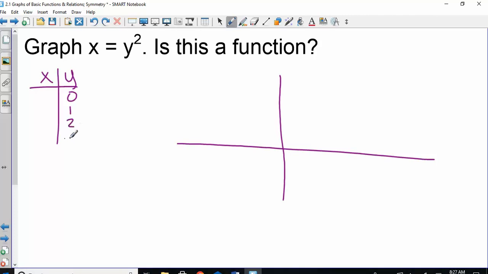Okay, so let's put in some numbers. If I put in 0, 0 squared is 0. If I put in a 1, 1 squared, 1. 2 squared, 4. Negative 1 squared, 1. Negative 2 squared, 4.